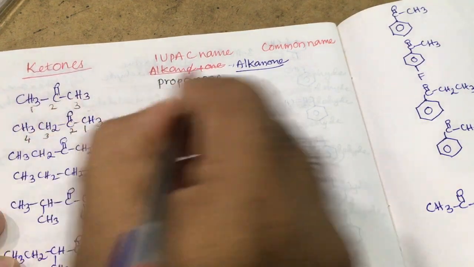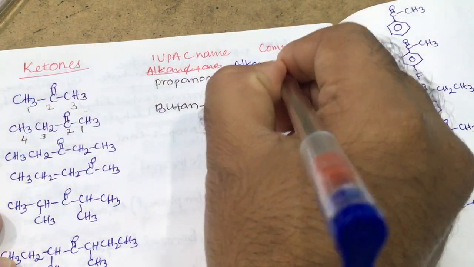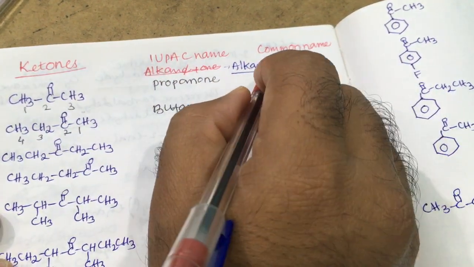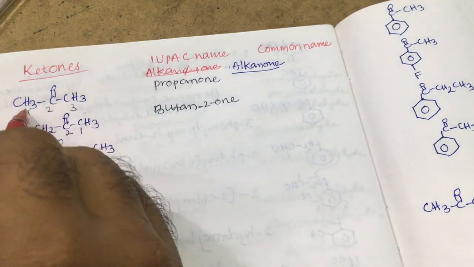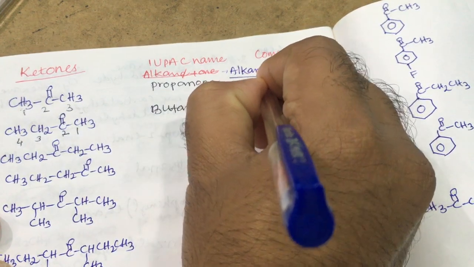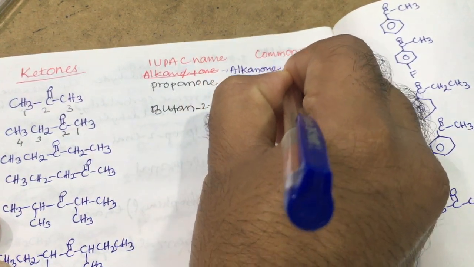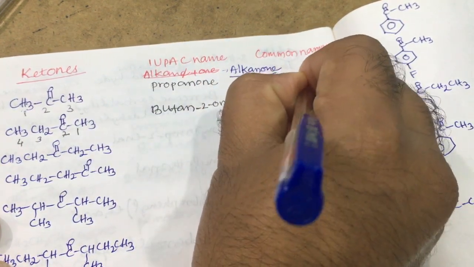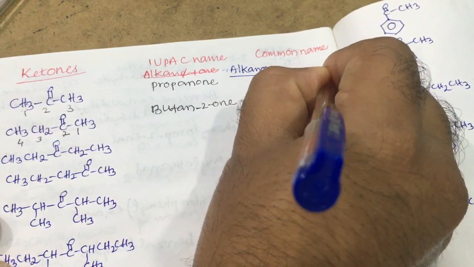Then what is the common name of this first compound? For the common name, it is a dialkyl ketone. It is symmetrical, which means the left side and right side have the same group. Then it is called dimethyl ketone. Otherwise, what is the common name of this one?